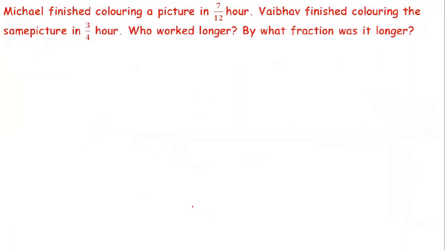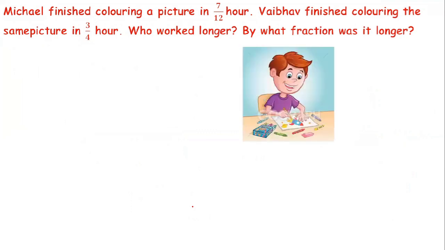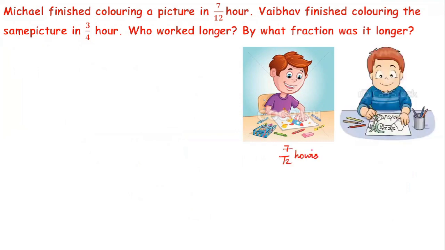Now, Michael finished coloring a picture in 7 by 12 hours. He took 7 by 12 hours. Now, Vaibhav finished coloring the same picture in 3 by 4 hours. Who worked longer?